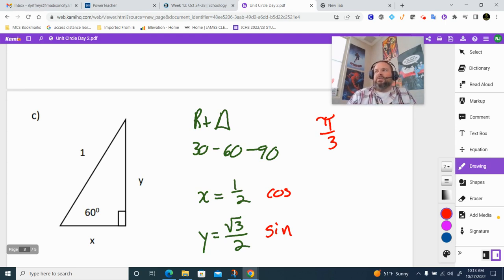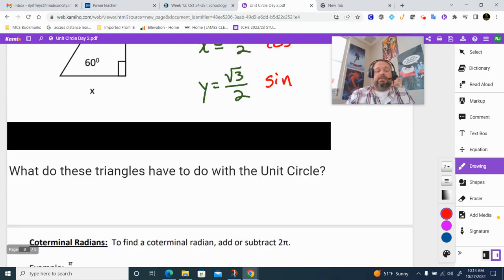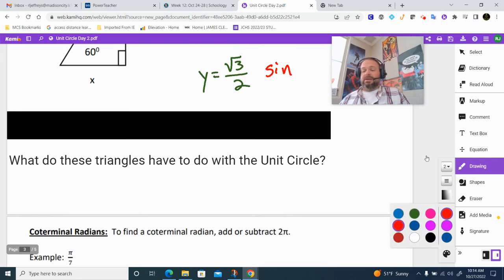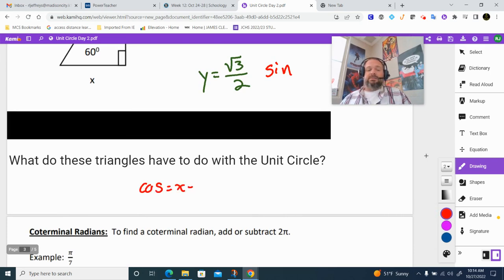What coordinate value is that? X. Yeah. Cosine was X. And then sine is our Y coordinate.